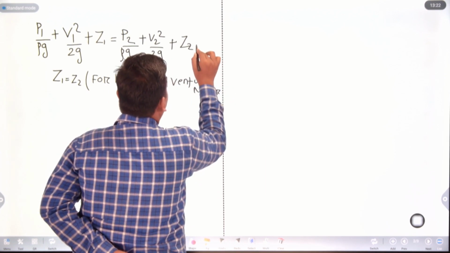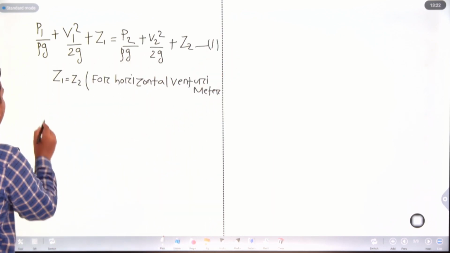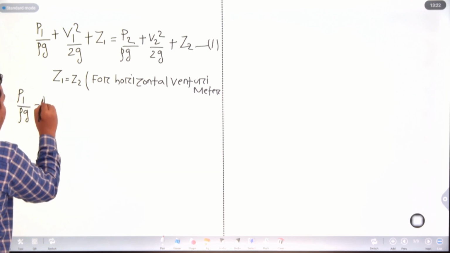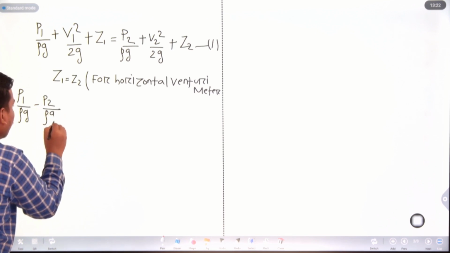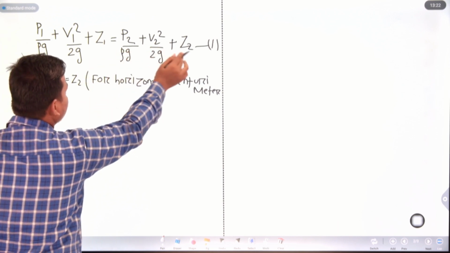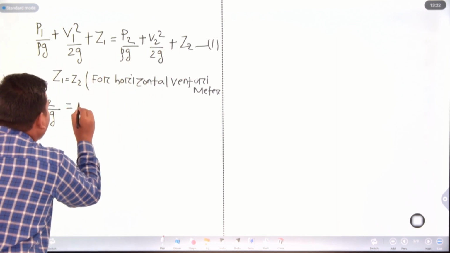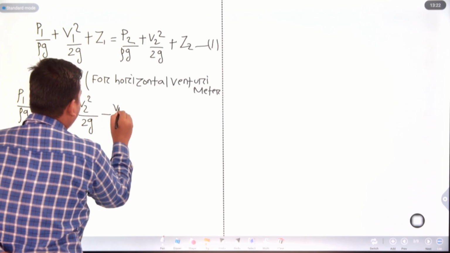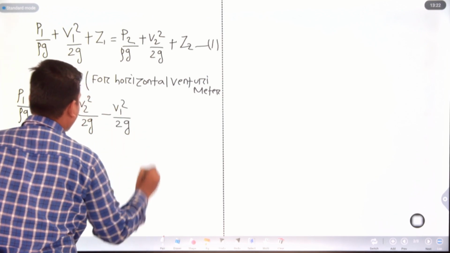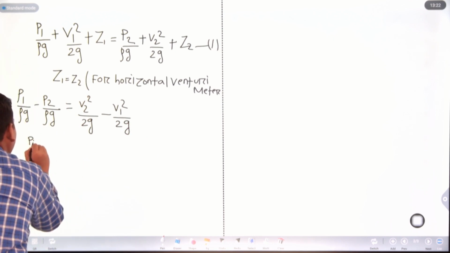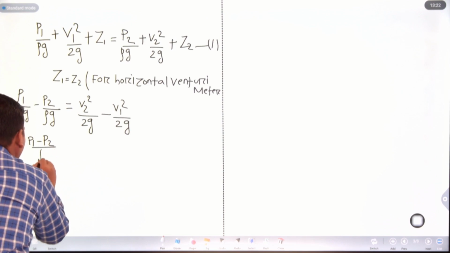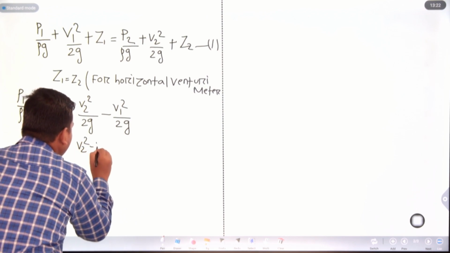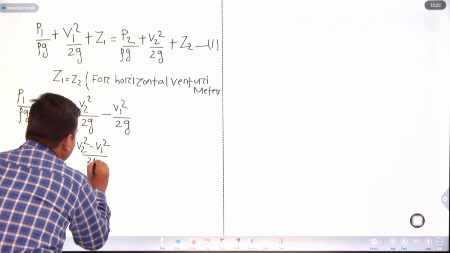Now equation 1 reduces to P1 by rho g minus P2 by rho g is equal to V2 square by 2g minus V1 square by 2g, as Z1 is equal to Z2 and cancels. So P1 minus P2 by rho g is equal to V2 square minus V1 square divided by 2g.